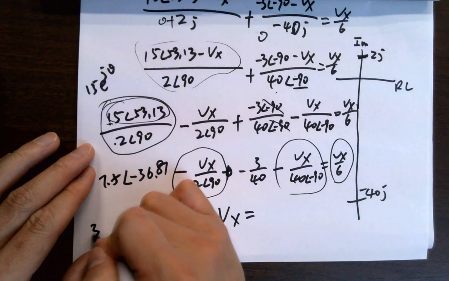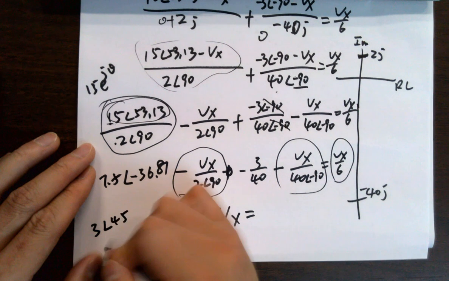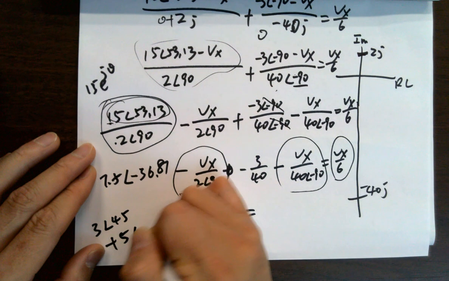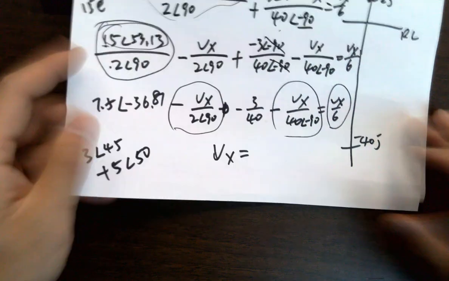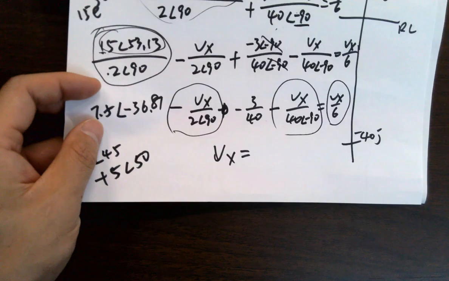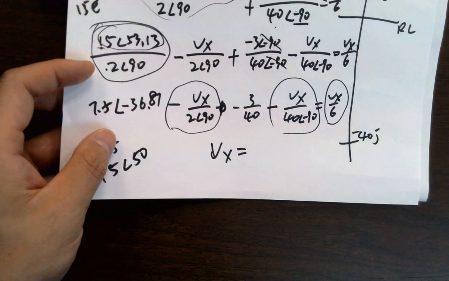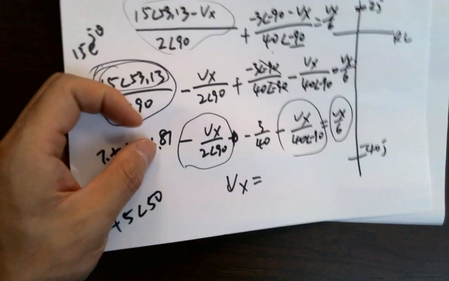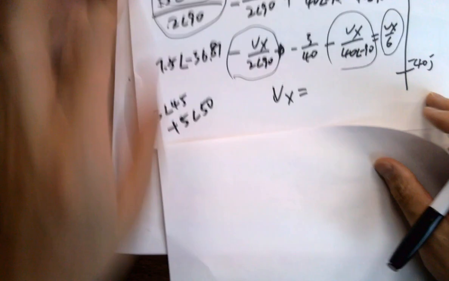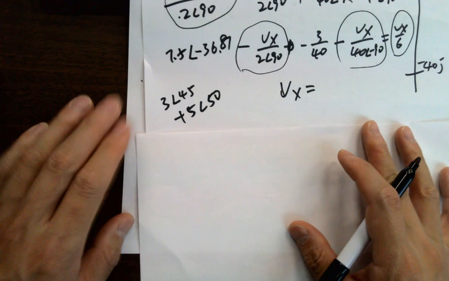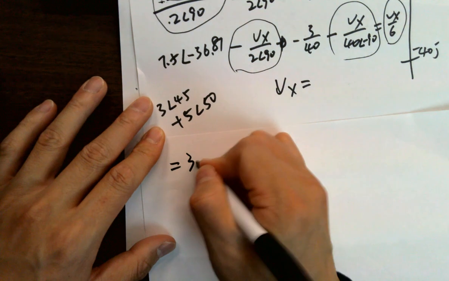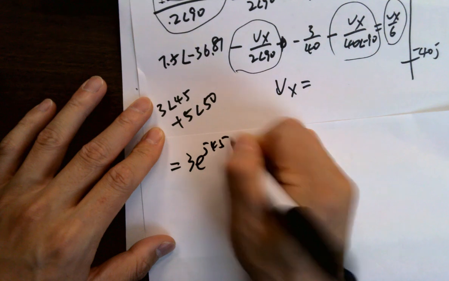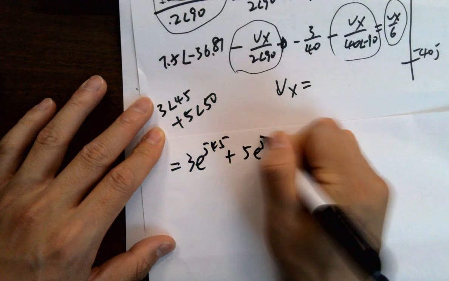If I tell you this, 3 angle 45 plus 5 angle 50, can I calculate this by hand? It's not that easy to do. Use a calculator. So when you do the phasors, you prefer division and multiplications. If you see a summation of the phasors, if you just have to do it, you can still do it. Why? Because this equals 3e^(j45) plus 5e^(j50), right?